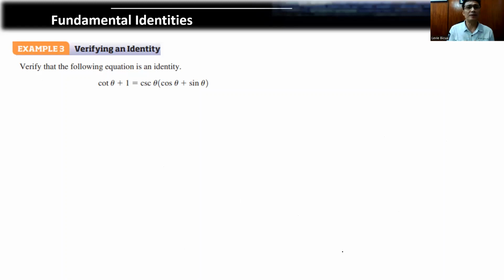Because in example number 3, we're considering the next use of trigonometric identity, and that is on verifying an identity, which does not belong to the fundamental identities, of course, right? Actually, succeeding identities will be verified to be true by using this technique that we're going to demonstrate in this example.